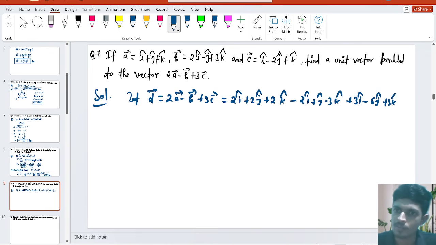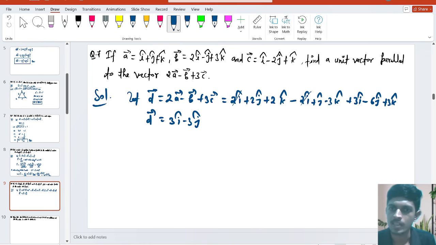Okay, just adding it, you get vector D. So 2i cap minus 2i cap cancels out, and plus 3i cap, so we simply get 3i cap. And 2j cap plus j cap plus 3j cap minus 6j cap minus 3j cap. We write 2k cap minus 3k cap, minus k cap here, and 3k cap here, plus 2k cap. So we need to find the unit vector parallel to this vector.